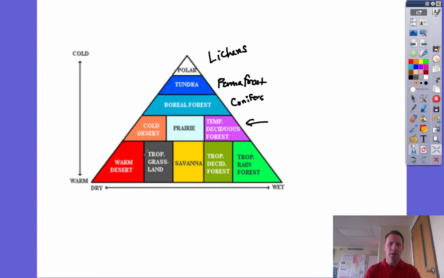Okay, again, getting warmer. The warmest, driest place is your deserts, and so we talked about the Mojave Desert and the Sahara Desert. And then we start getting warm and wet, and so now we start getting the tropics. So remember, the tropics basically is along the equator.